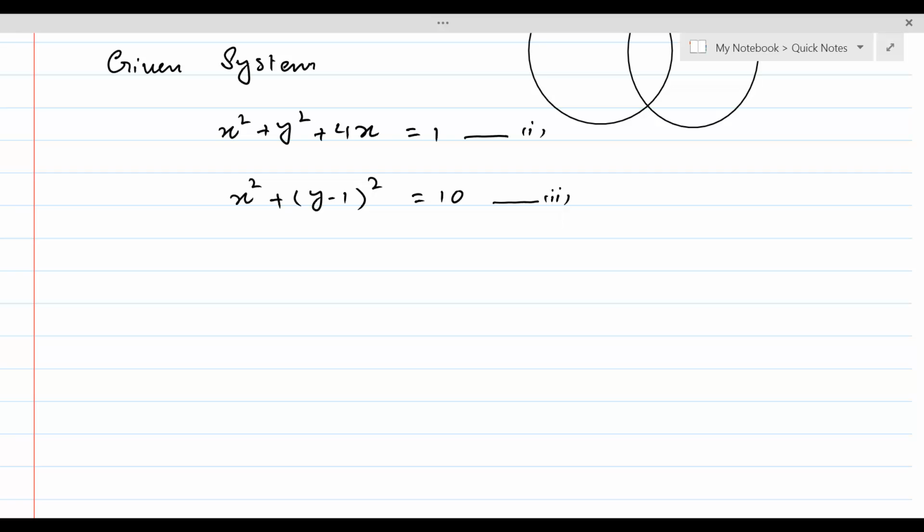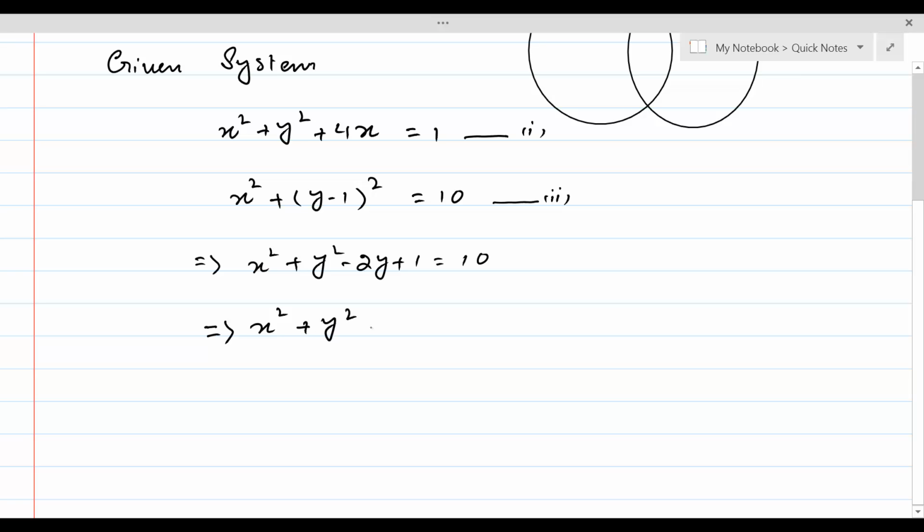So let's expand equation 2. This means x square plus y square minus 2y plus 1 is equal to 10, or this is x square plus y square minus 2y equal to 9.